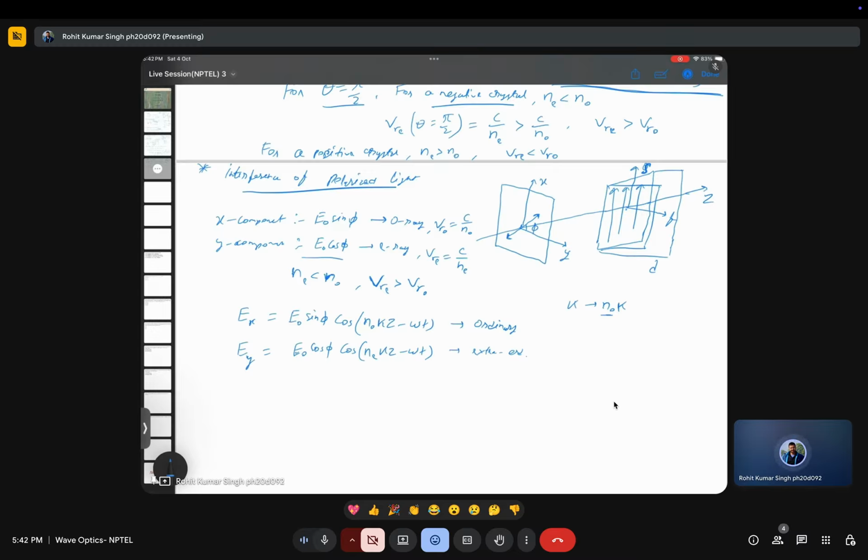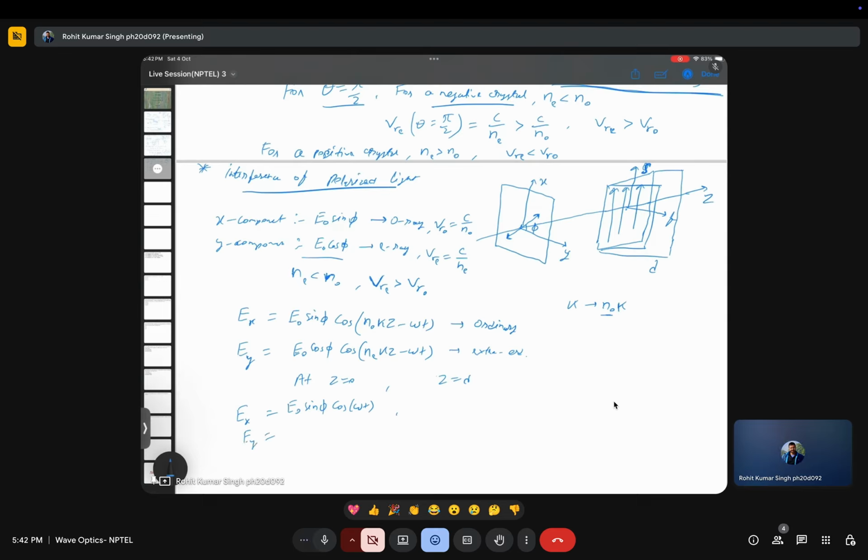Okay, so then you can take 2 points, at z equal to 0 and z equal to d, right? So at z equal to 0, what will be your Ex and Ey? Ex will be simply E naught sine phi cos omega t, right?